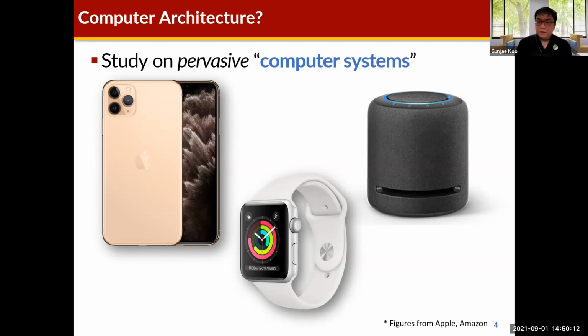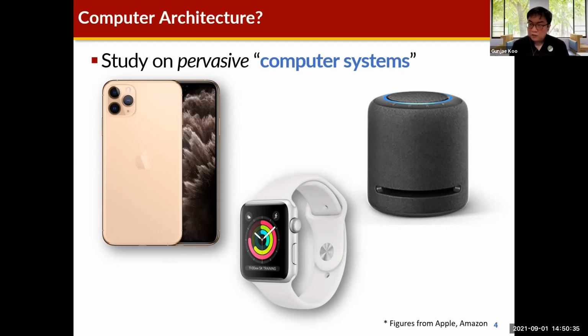So what does that mean? We can implement various types of software, various types of applications using computer languages. And then these computer languages or computer programs are executed on the devices or hardware systems.